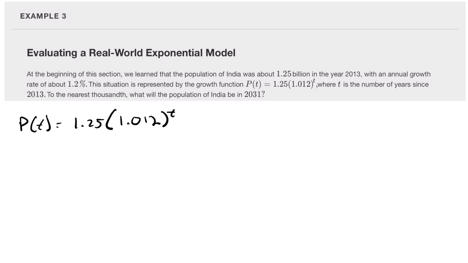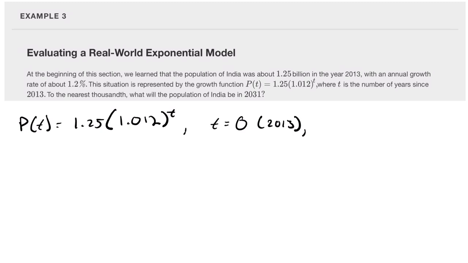So if we let the year 2013 be year 0, we're going to let the year 2013 be when time is 0.